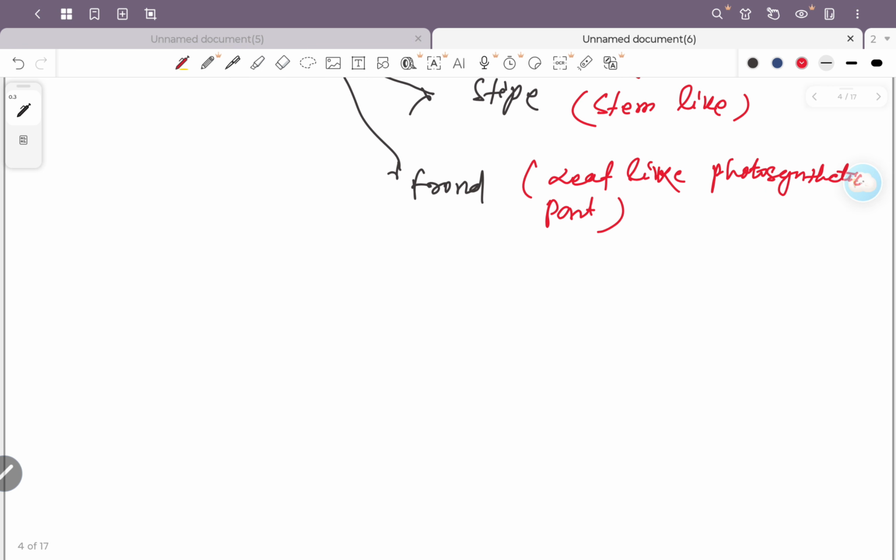Okay, so let me show you one diagram. Suppose I am taking Laminaria. The common examples are Laminaria, Fucus, Dictyota. So any one I can take.